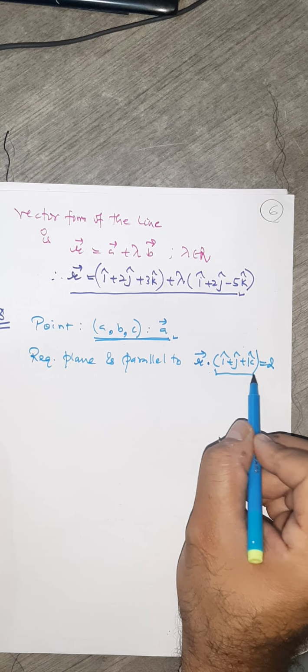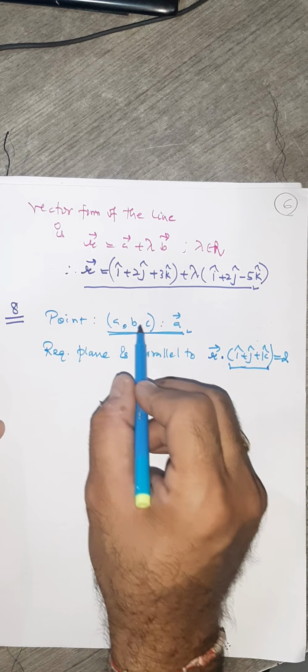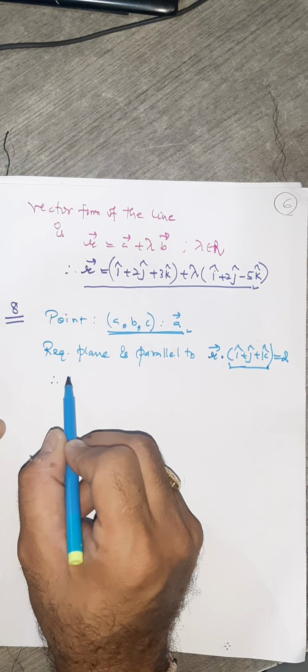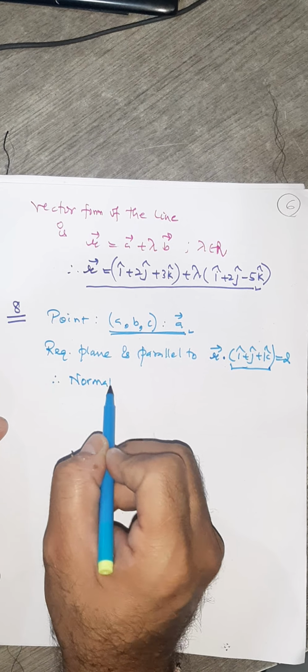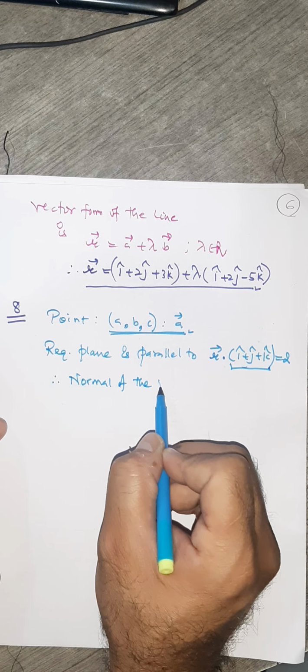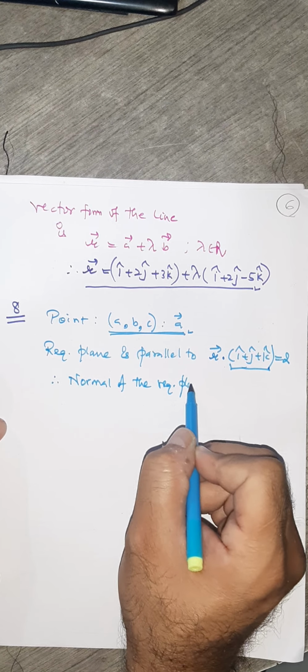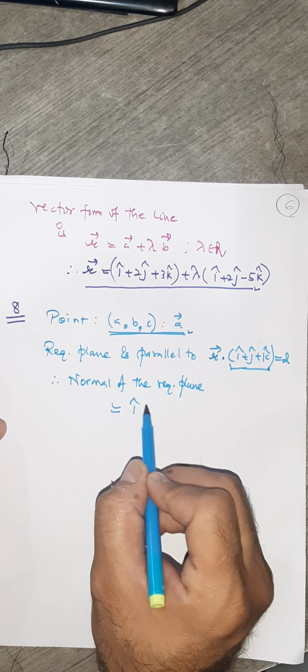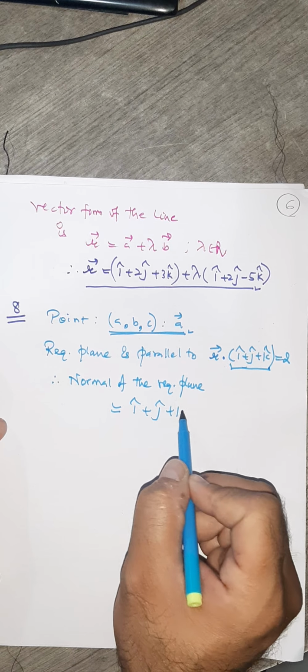So what's the normal? This is a normal to the plane. So the same normal will do for the required plane. So therefore the normal of the required plane equals the same normal, which is i plus j plus k.